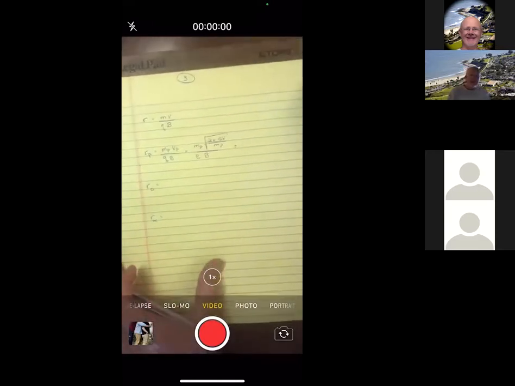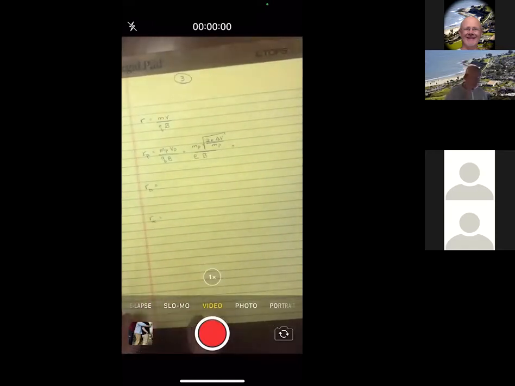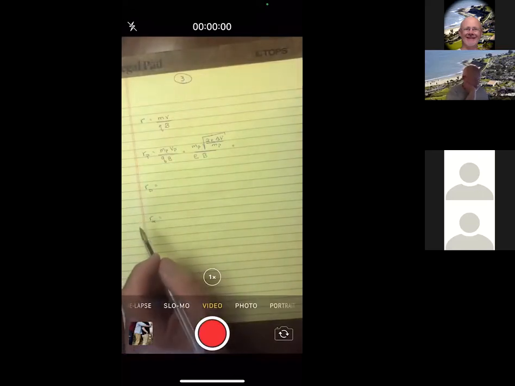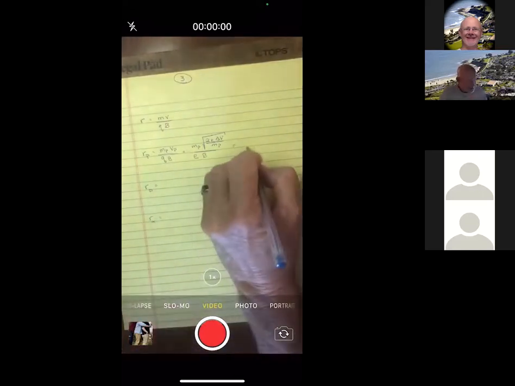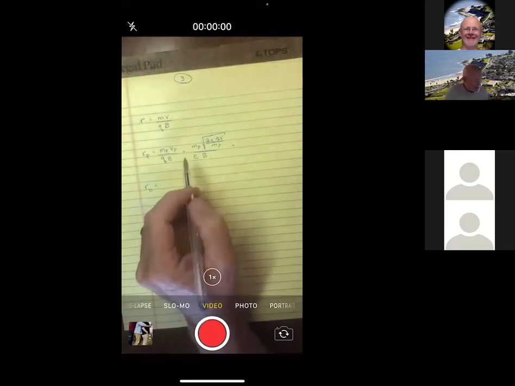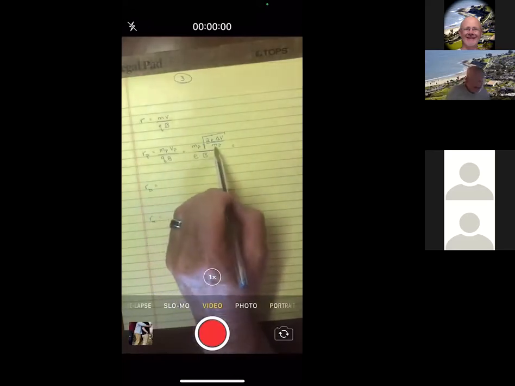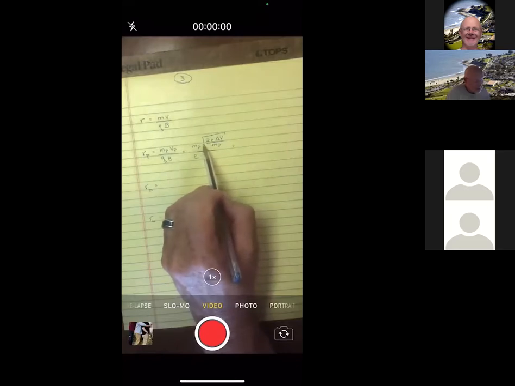Now, if we try to simplify this, it looks like there's a mass of the proton that is downstairs, but it's under the square root compared to that one.